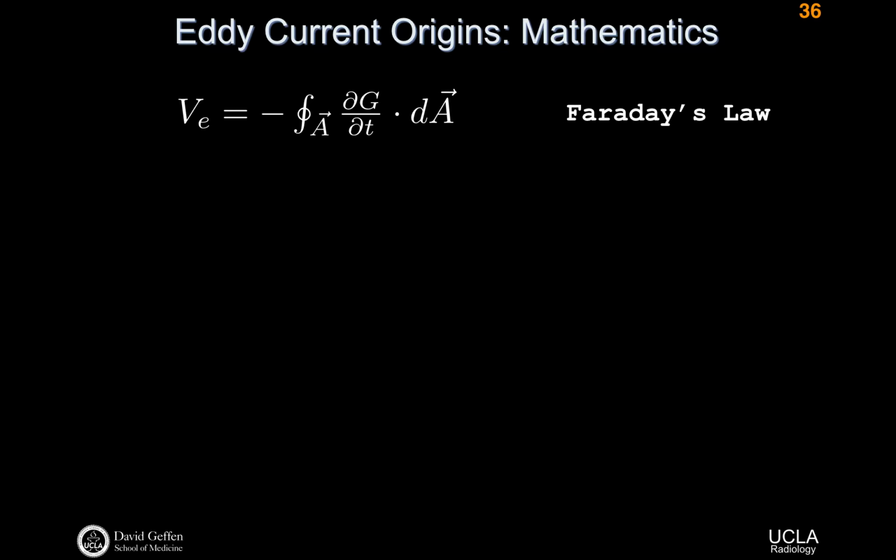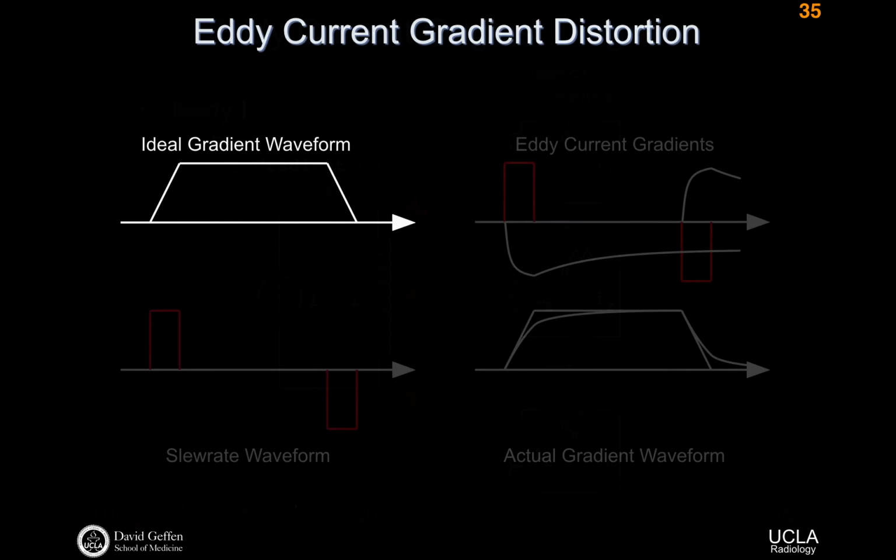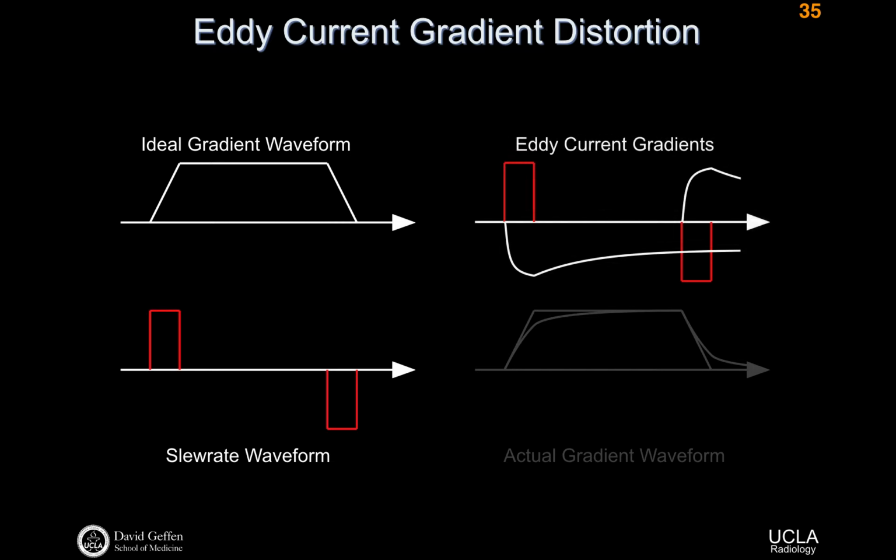So you turn on one of your gradients. When you turn on the gradient that you want, it's going to induce a current in some structure during the time when the gradient is slewing. After you're done slewing, there's still some current in that structure that's decaying. That current will create a field, and that field is just a field.